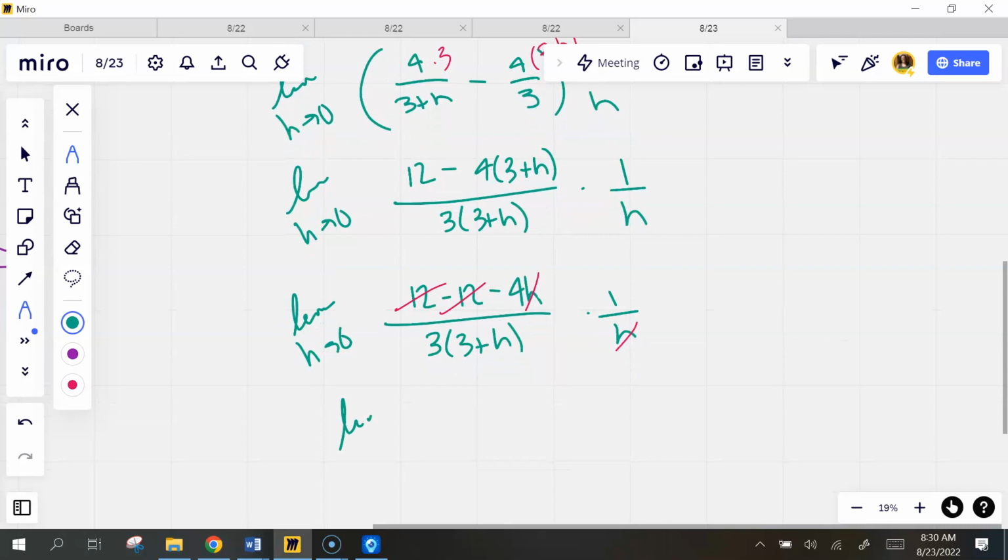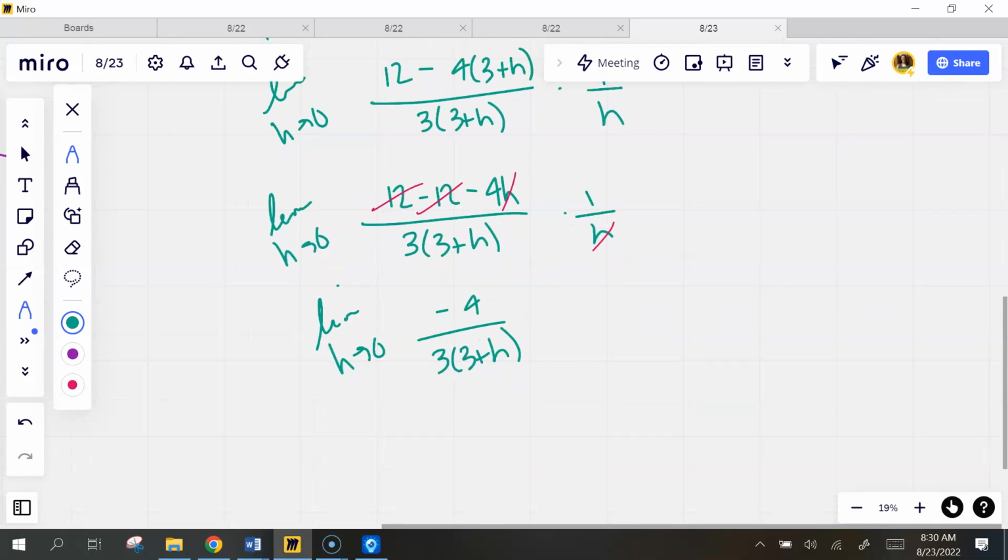So now I have the limit as h goes to 0 of negative 4 over 3 times 3 plus h. And now I can sub in, which was what I wanted to do. So I get negative 4 over 9 degrees per milligram.